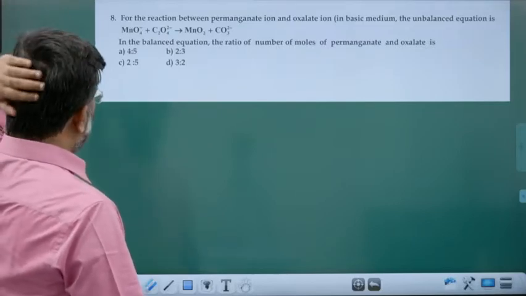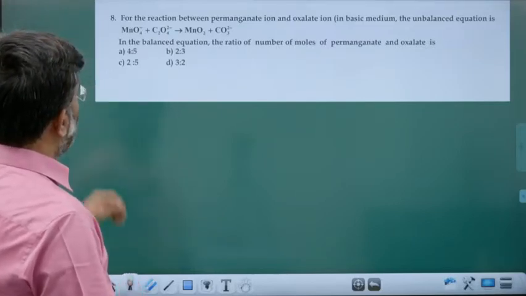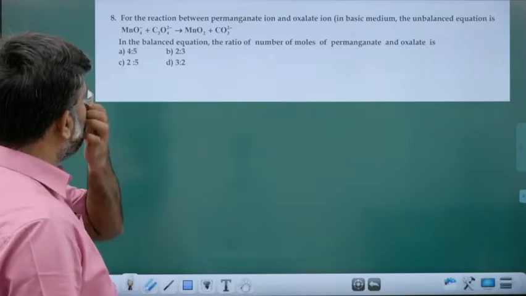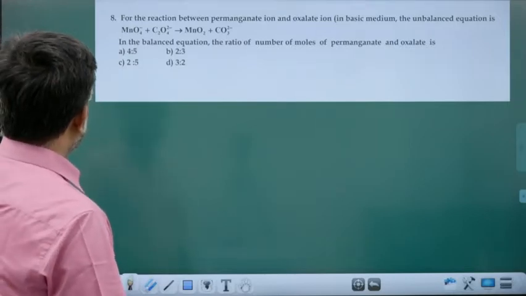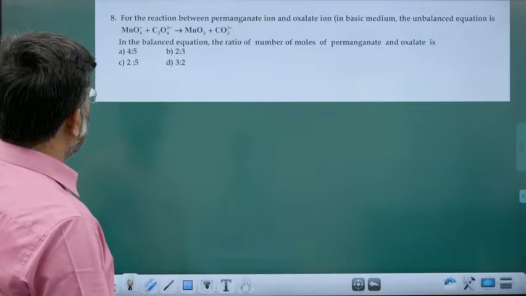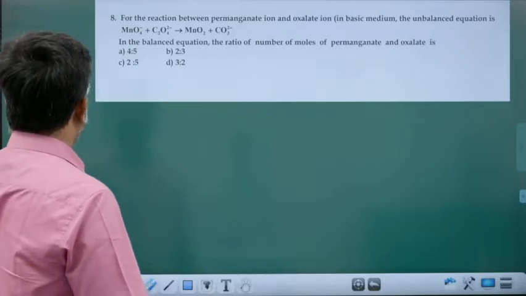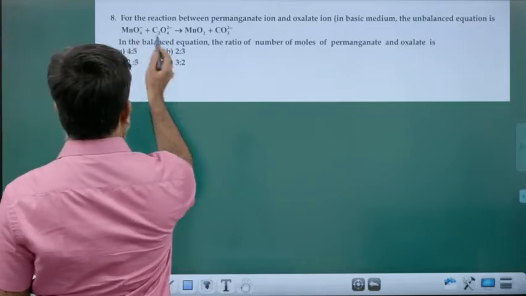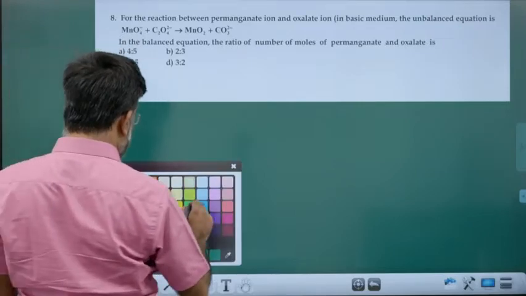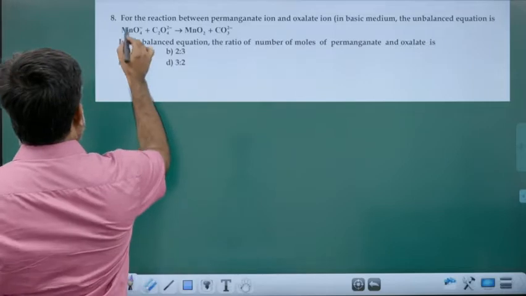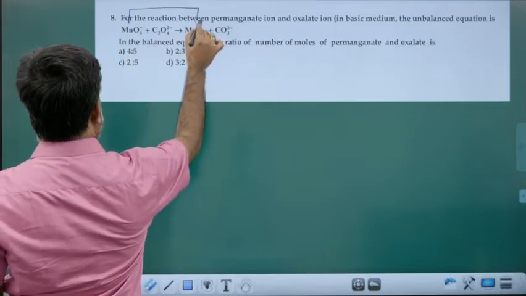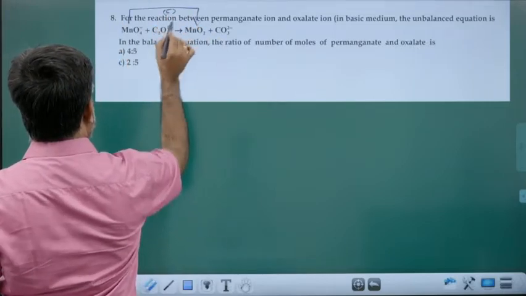For the reaction between permanganate ion and oxalate ion in basic medium, unbalanced equation. In the balanced equation, ratio of number of moles of permanganate and oxalate. The ratio between this and this. Already we have done this kind. This is reduction, N factor is 5.